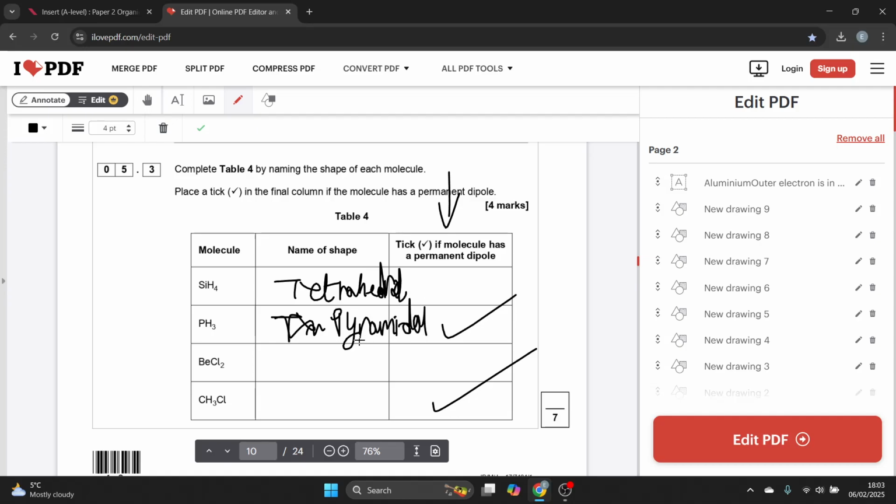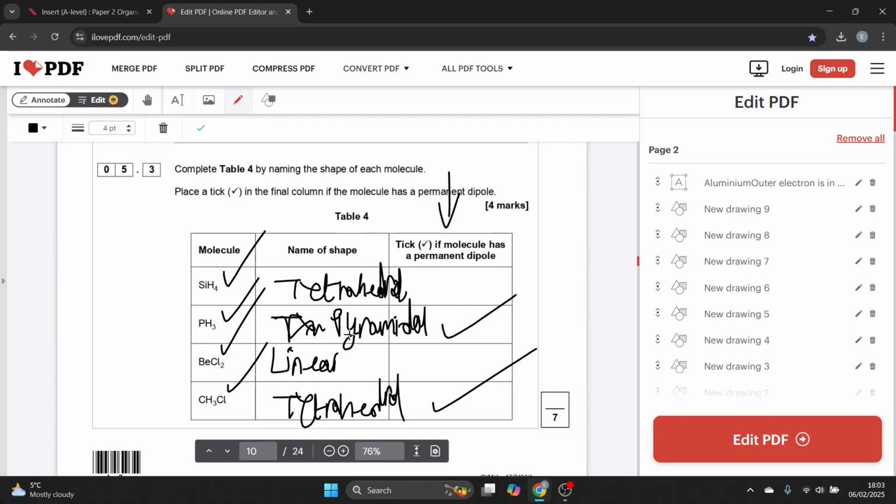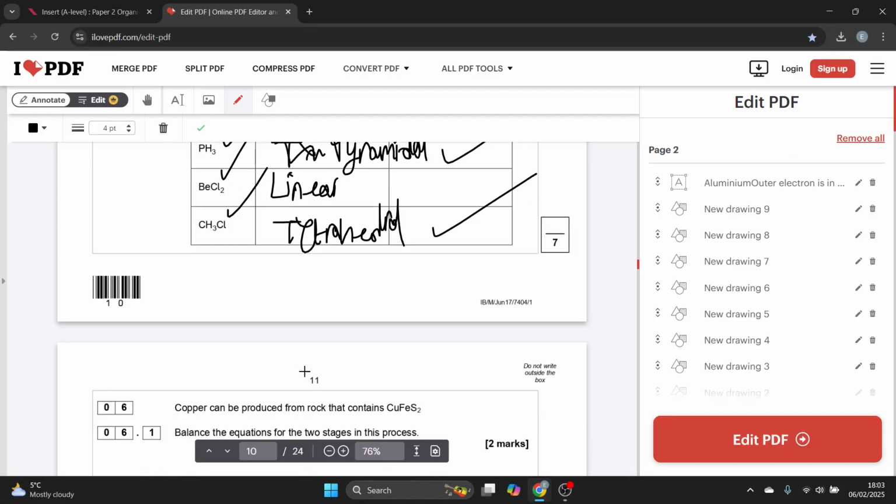BeCl2 very easy, linear. CH3Cl tetrahedral. Or you could say distorted tetrahedral, but tetrahedral should be fine. So SiH4 tetrahedral, PH3 pyramidal, BeCl2 linear, CH3Cl tetrahedral. And then obviously PH3 and CH3Cl have permanent dipoles.